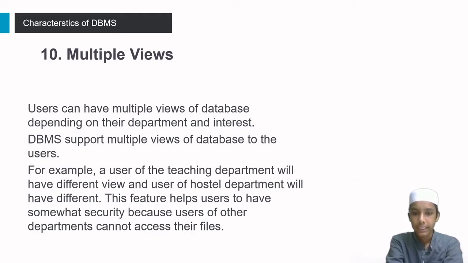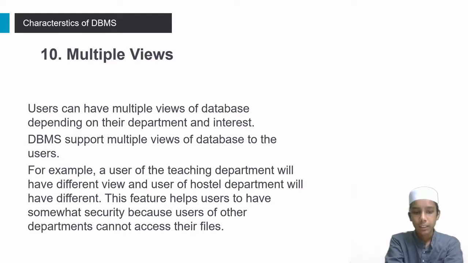I have a different view, and you are the user of the hostel department, and you will have a different view.